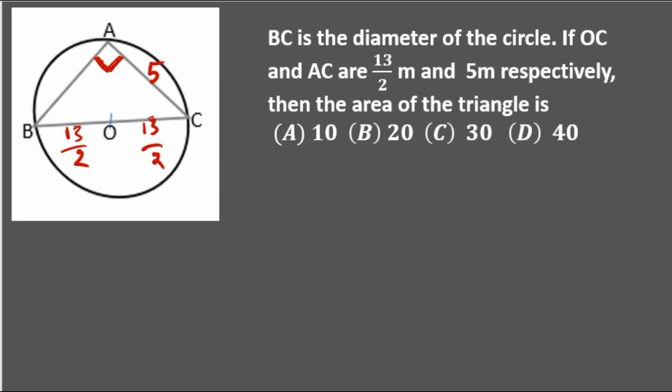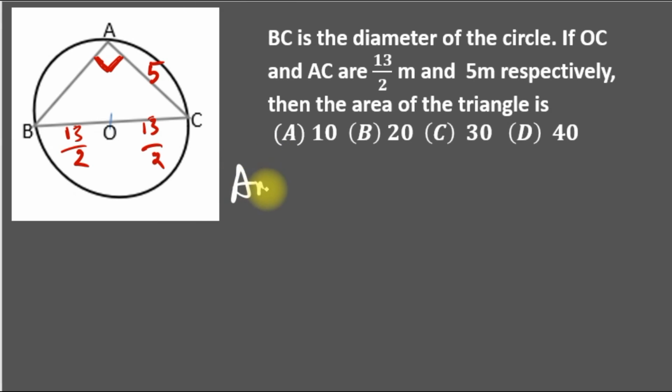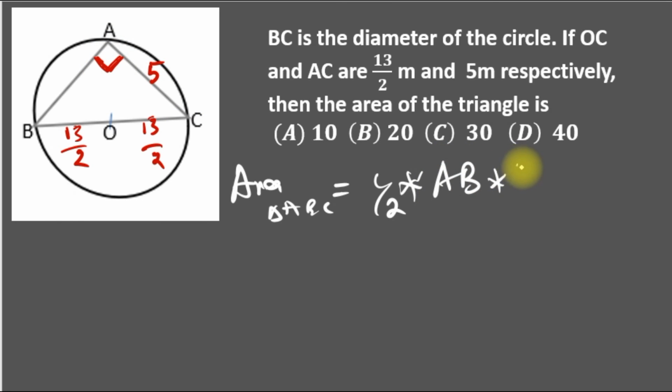We know that the area of triangle ABC is always half. Remember, this is a right angle triangle. So the height and the base are perpendicular, so it should be AB times AC.